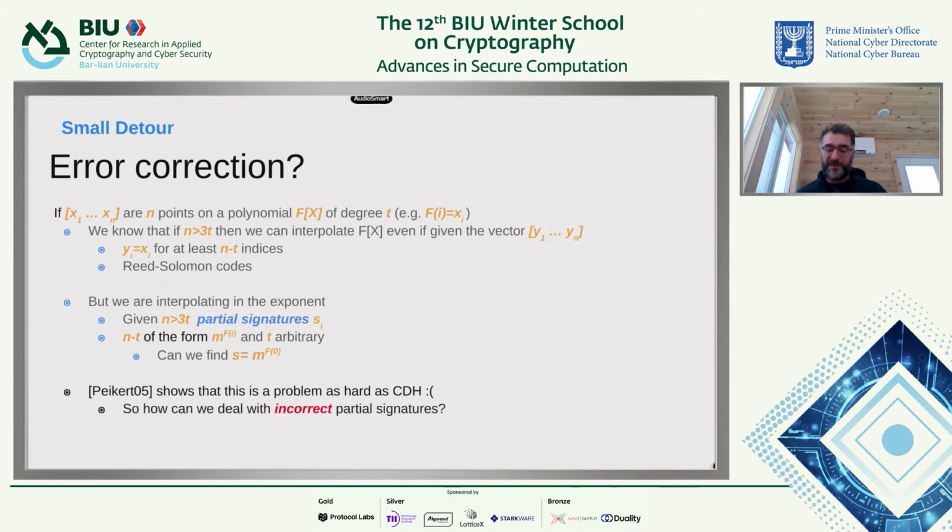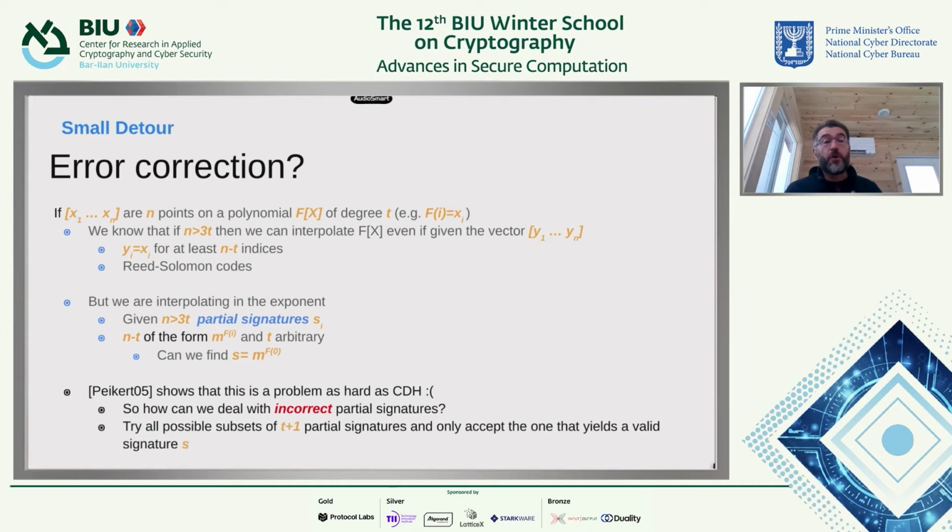So we need to do something else. We need to deal with incorrect signatures. Well, one thing that you can do is try all possible sets of t plus 1 partial signatures until you find one that yields a valid signature S. But that is an n choose t solution, so it's only okay for small n and t.